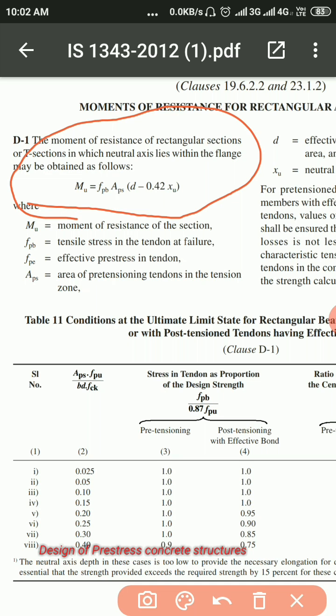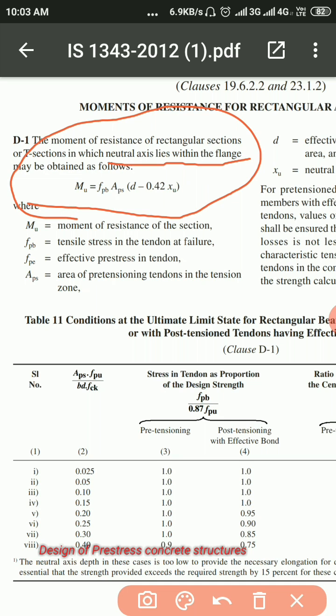Now we'll see one by one the meaning of this statement and the abbreviations for these short forms. This case is for the neutral axis lying within the flange. What do you mean by neutral axis lying within the flange? There is another case when the neutral axis lies within the web, or below the flange.